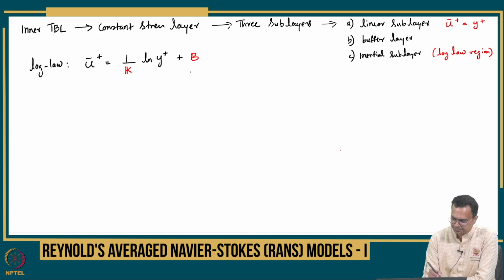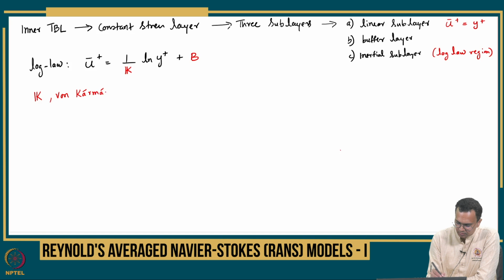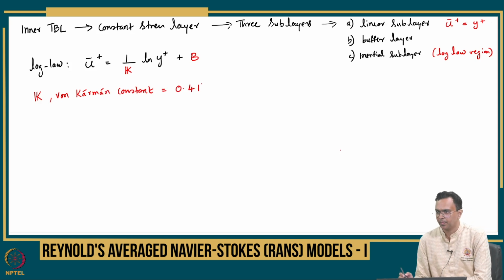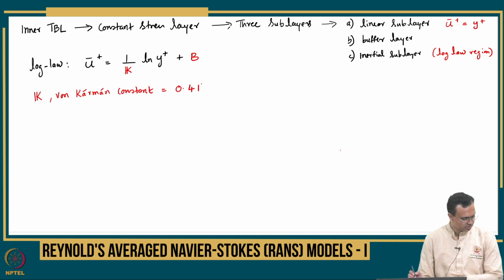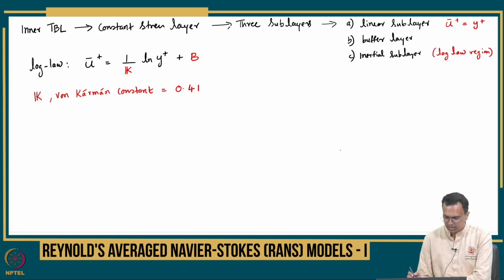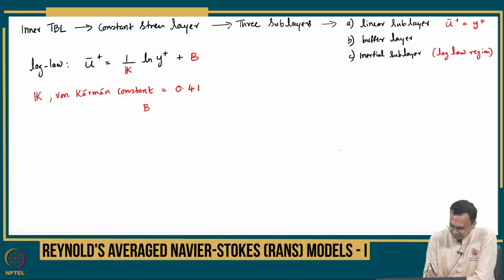The constant kappa here is the von Karman constant, which is usually 0.41, sometimes 0.40, but 0.41 is commonly used, and the other constant b you will see as 5.2.